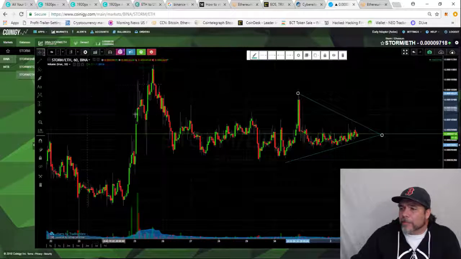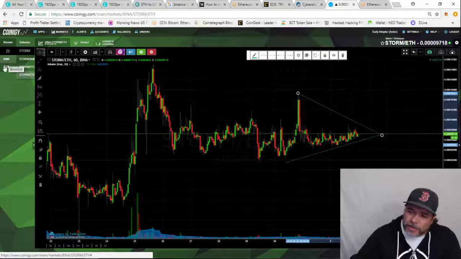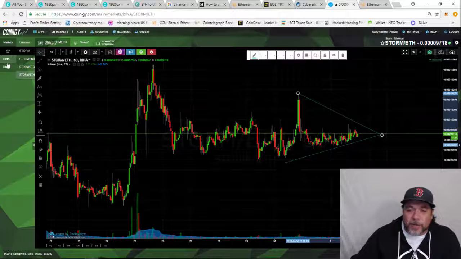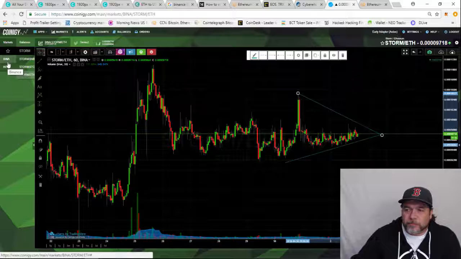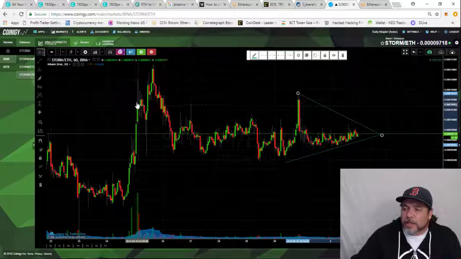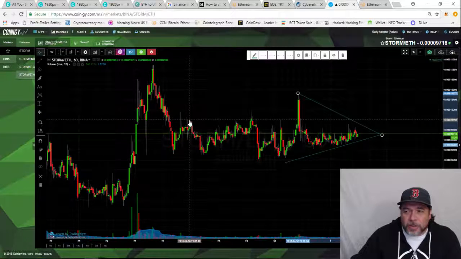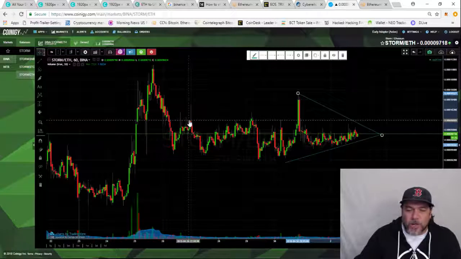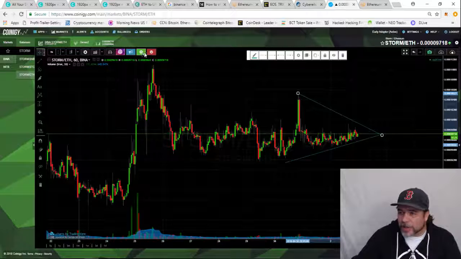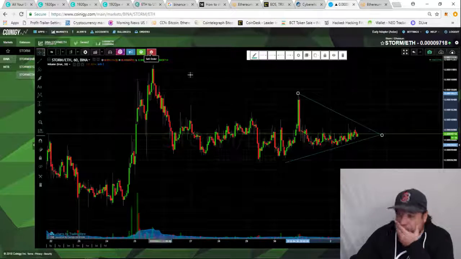So Coinigy is really nice because you have multiple exchanges. You put your API codes in from the different exchanges you have a currency on, and you can trade from this platform to all of your exchanges without any problem. That's what your buy and sell button positions are for right here.